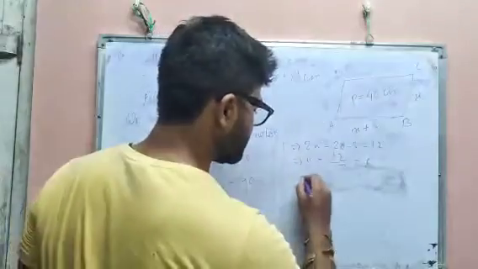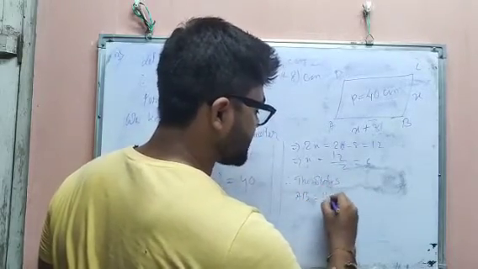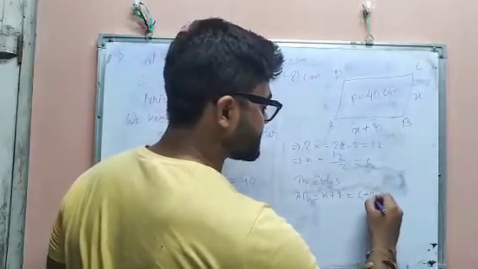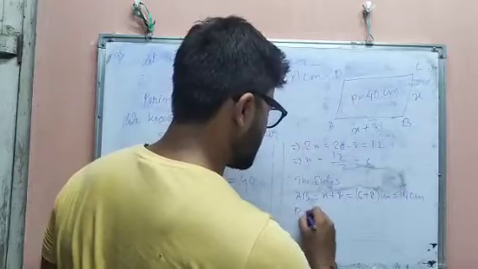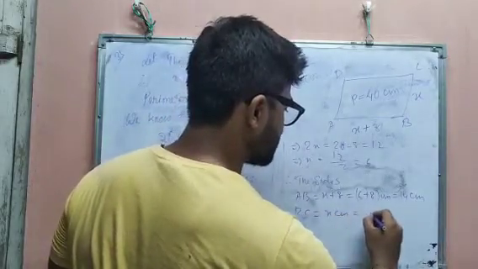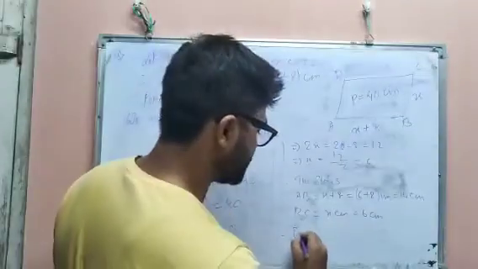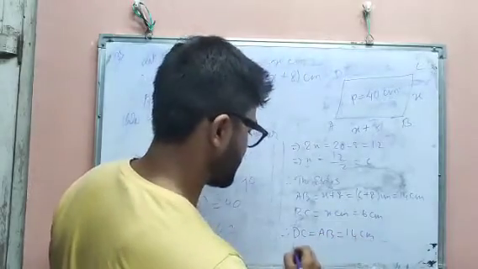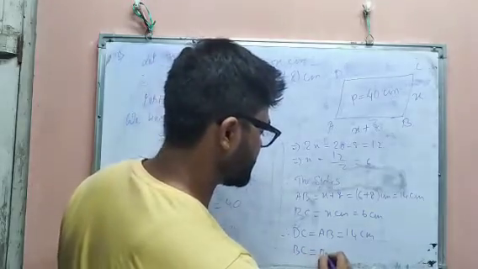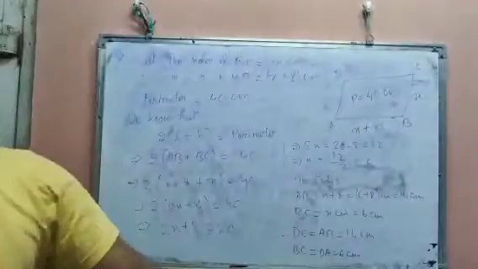Therefore the side AB equal to x plus 8 or 6 plus 8 centimeter equal to 14 centimeter, and BC equal to x centimeter, that means only 6 centimeter. As AB is opposite to DC, therefore DC equal to AB equal to 14 centimeter, and BC equal to AD equal to 6 centimeter. Okay, which is our required answer.